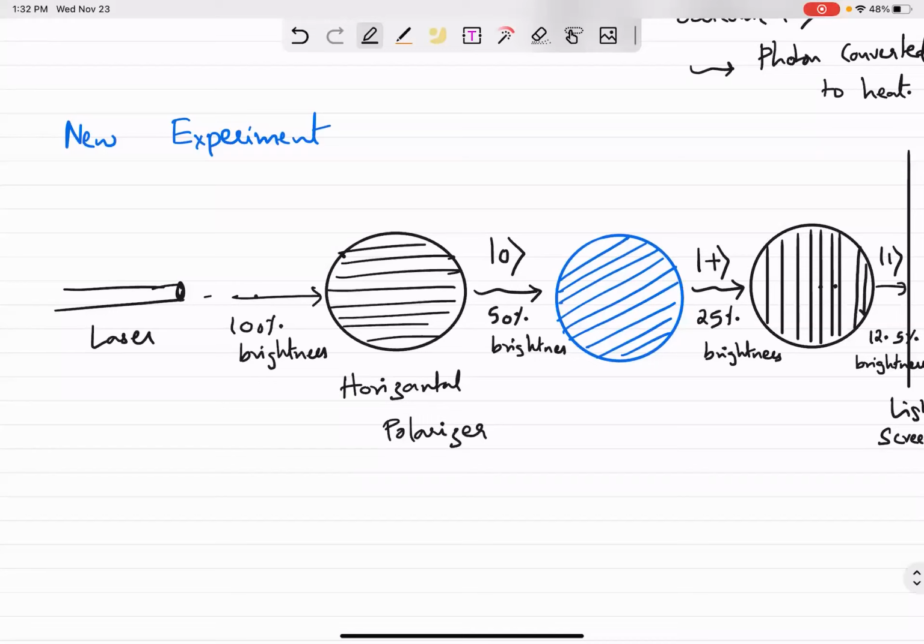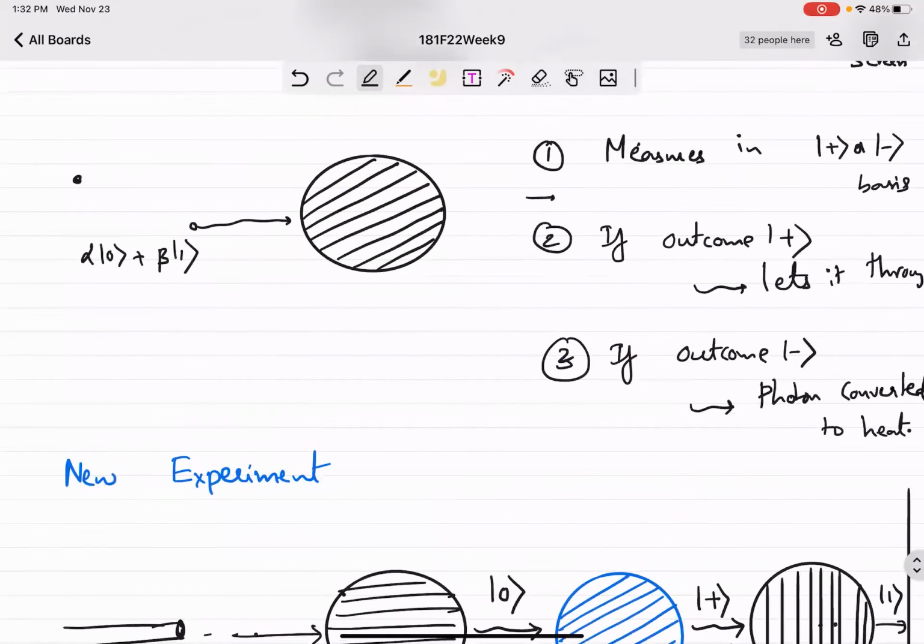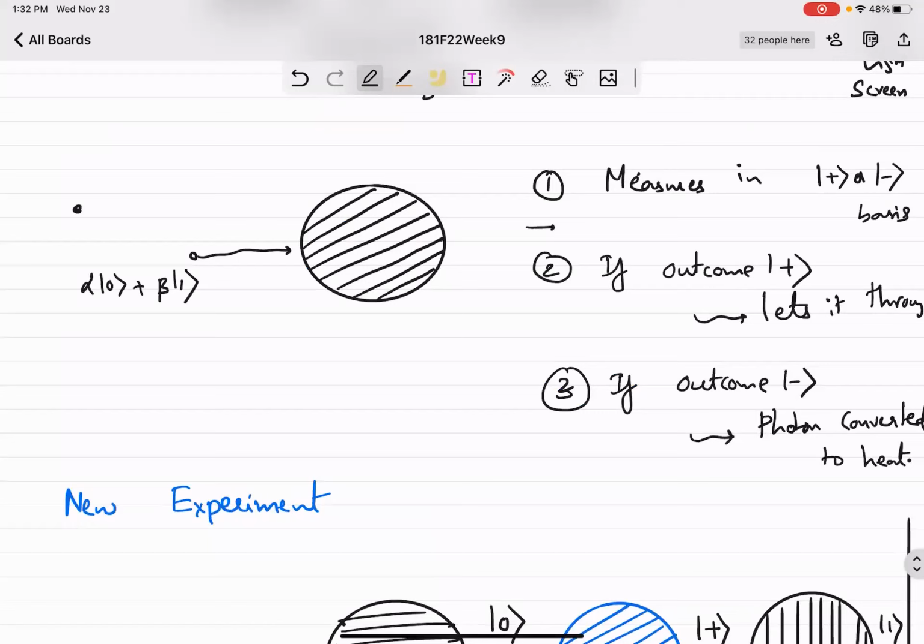Why doesn't it force all light to be in 0 all the time after the first filter? Because the blue diagonal filter has its own basis, right? It lets light through only 50% of it, basically with probability this much.